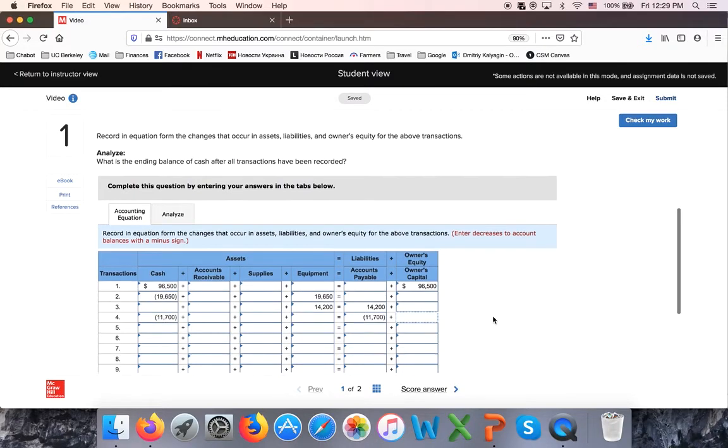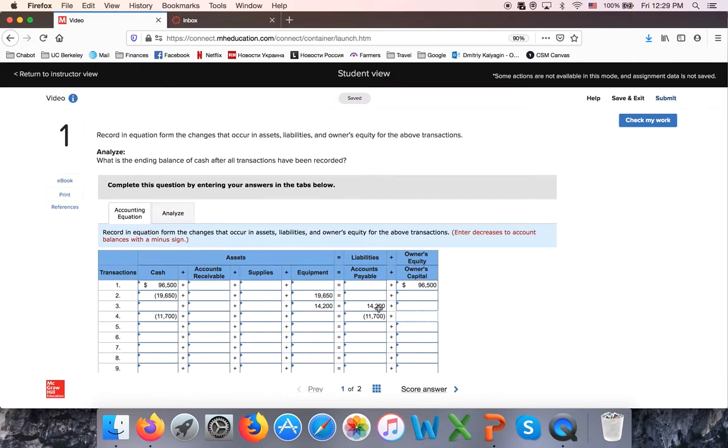Another way to think about it, this is your credit card bill, 14,200. Now you're paying off 11,700, so you still have like, what is it, 2,500 balance left. So both accounts go down and it keeps my equation in balance, right? The left side went down and the right side went down.